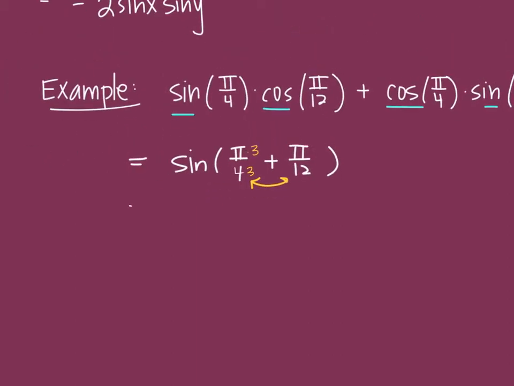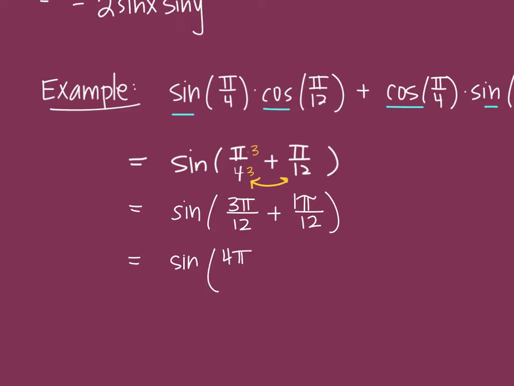Back up a little bit: sine of 3 pi twelfths plus pi twelfths. We can add those together because they have a common denominator now. This is like a 1. So now we have sine of 4 pi twelfths.